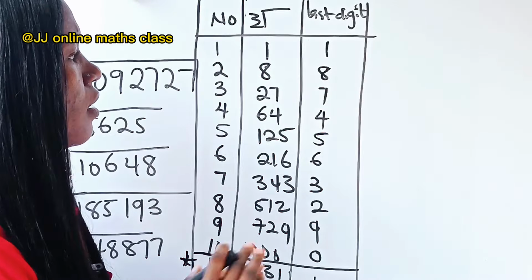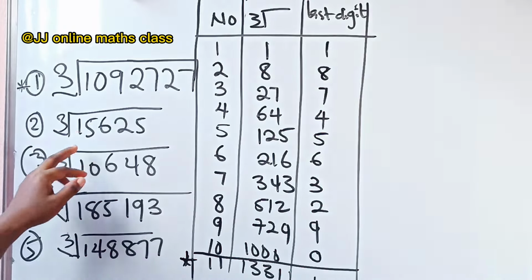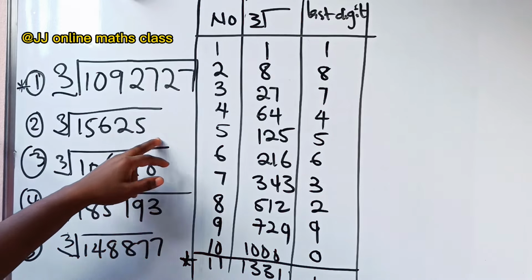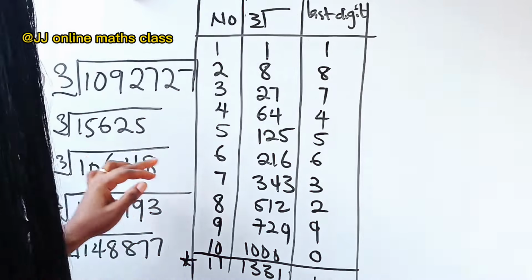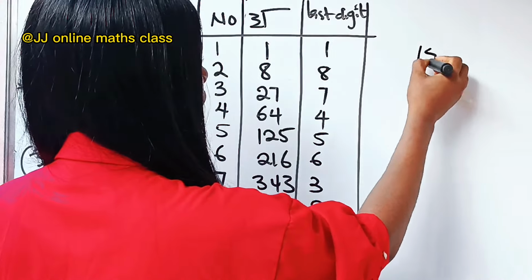All right, now let's start. We are asked to find the cube root of 15625. So this is the number.